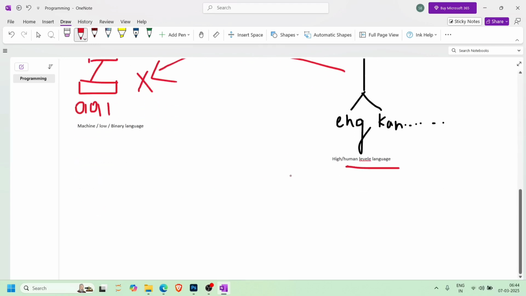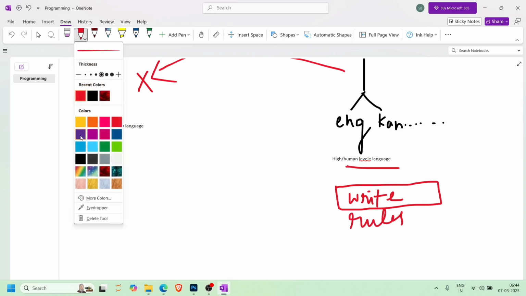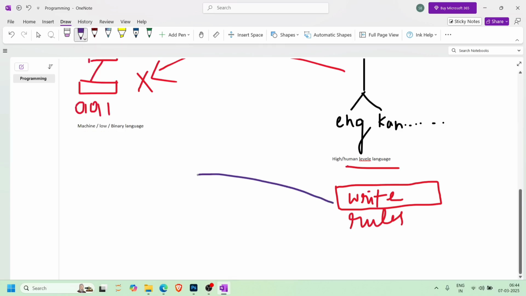So they have designed a mechanism. In this mechanism I write the instruction following some specific rules, and after that they convert this code into zeros and ones form that is understandable by the computer, so that our instructions are carried out by the computer.